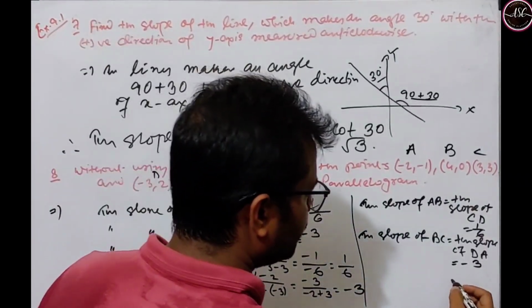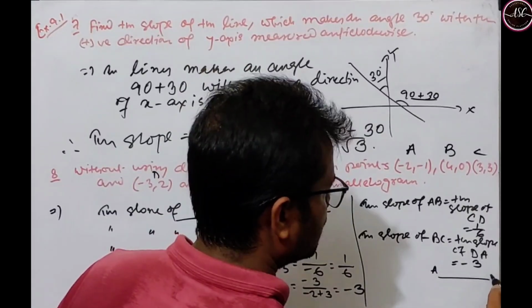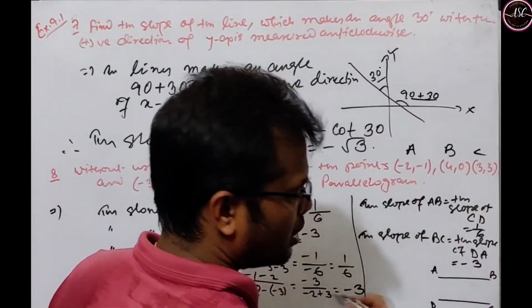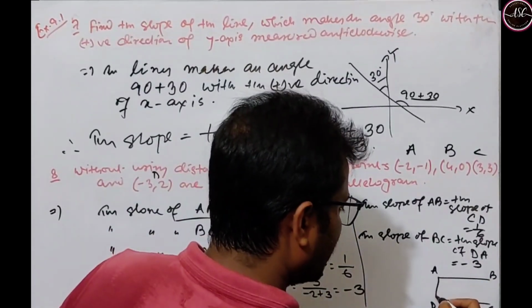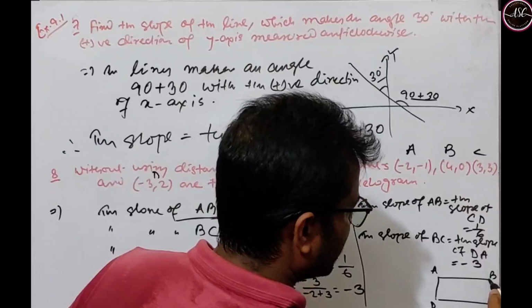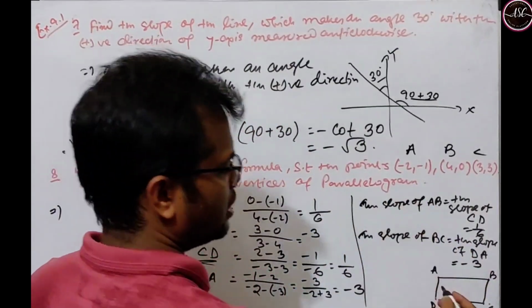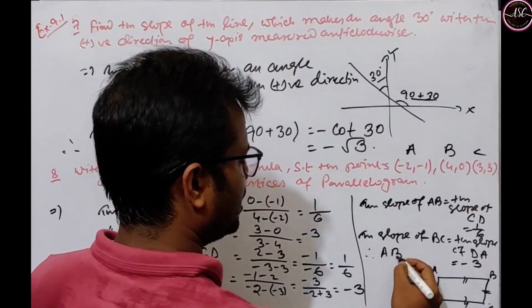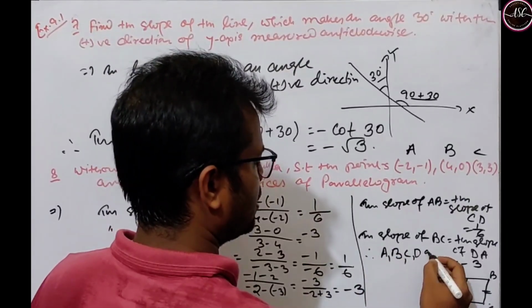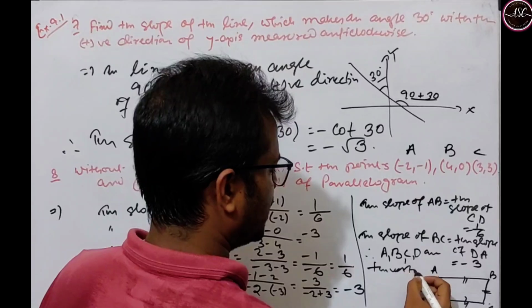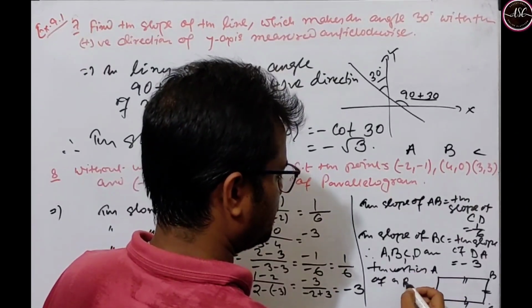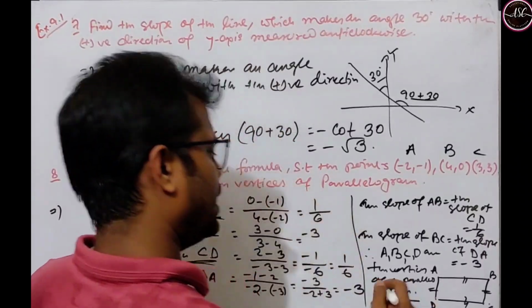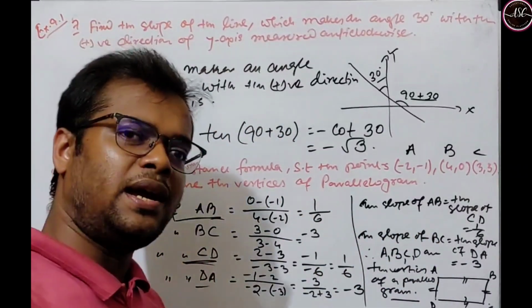So AB and CD are parallel, and DA and BC are parallel. Therefore ABCD are the vertices of a parallelogram, as in a parallelogram the opposite sides are parallel.